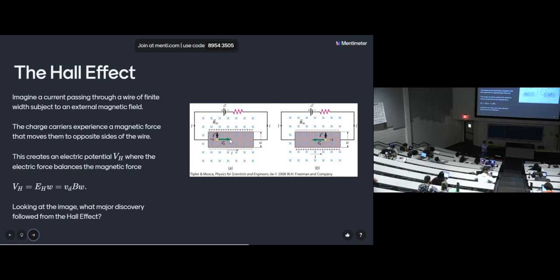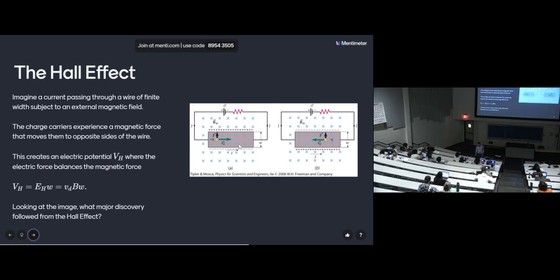But we discussed that if there is a magnetic field present, then I take v, which is to the right, cross it into the magnetic field that's going into the board, and those individual charge carriers are going to experience a force. So you get an abundance of positive charge on the top side of this conductor and a lack of positive charge on the bottom side.